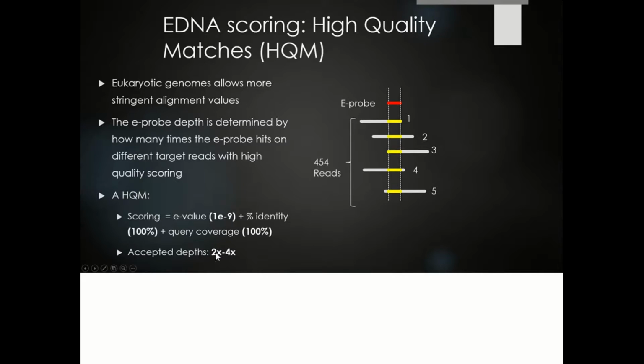Accepted depths are from 2x to 4x, which means 2x would be this EPROB hitting only 2 reads, or this EPROB hitting 4 reads. But 4x is not the maximum. I can go beyond that. We will see in the hands-on that we might have EPROB depths of 100x or 200x, which is very good.